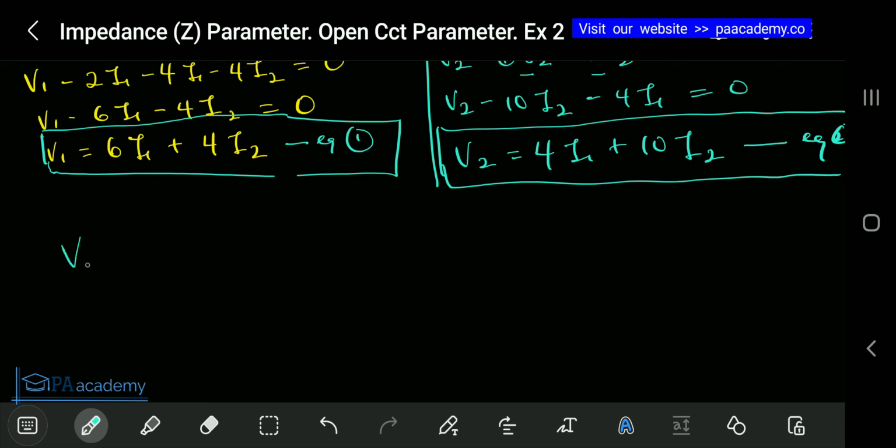We have our V1 is equals to 6I1 plus 4I2. Then we have our V2 equals to 4I1 plus 10I2.